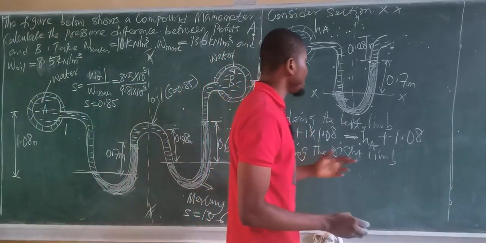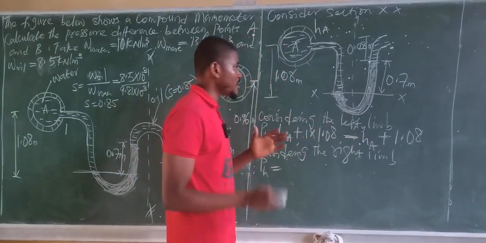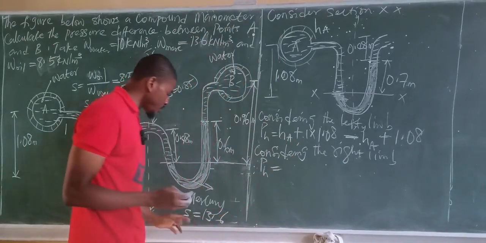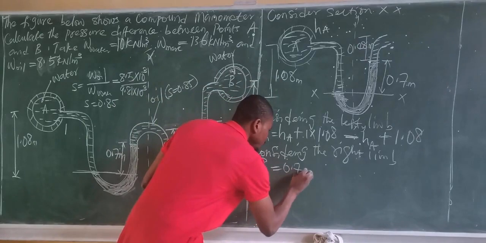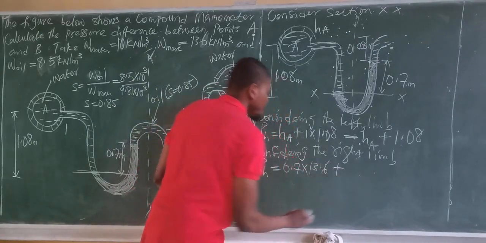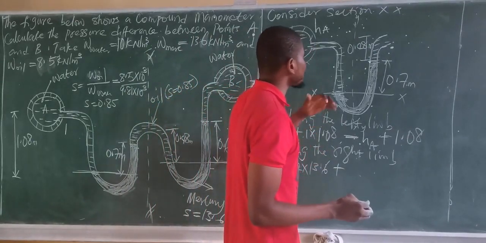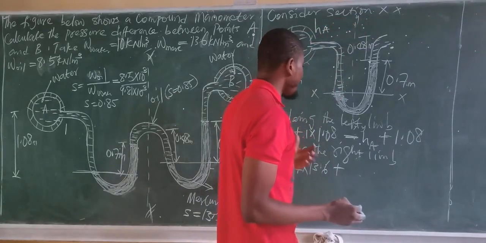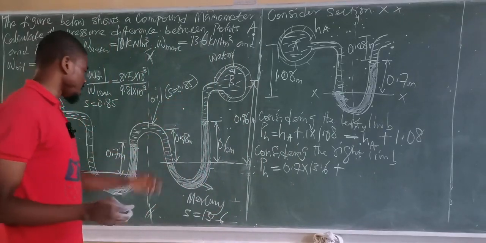The height of mercury here is given as 0.7, and to convert this to pressure head, I said multiply the height by its specific gravity, which is given as 13.6. Therefore, you have 0.7 multiplied by 13.6, plus the pressure head of the oil. The height of oil is 0.48 multiplied by the specific gravity of oil, given here as 0.85.